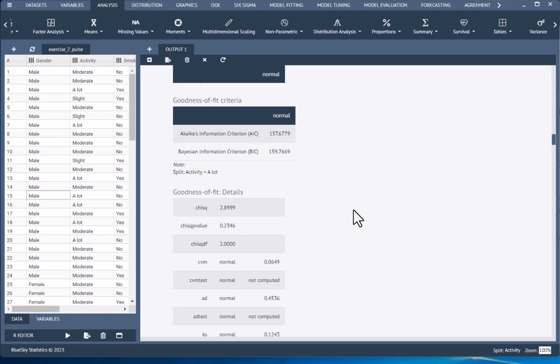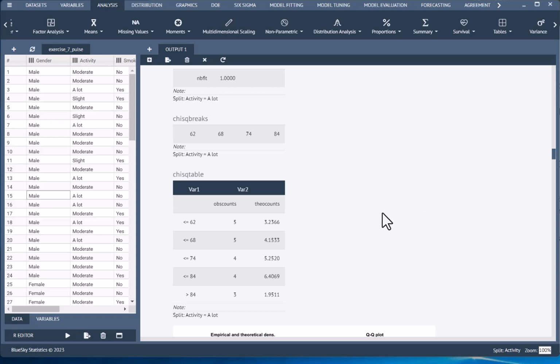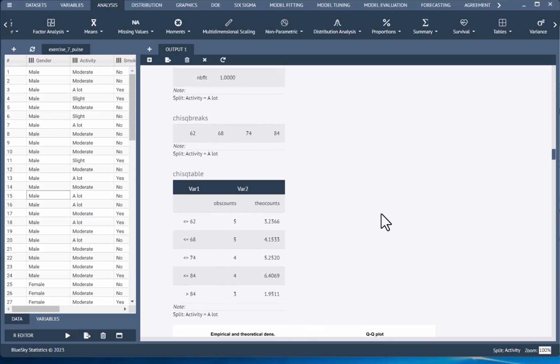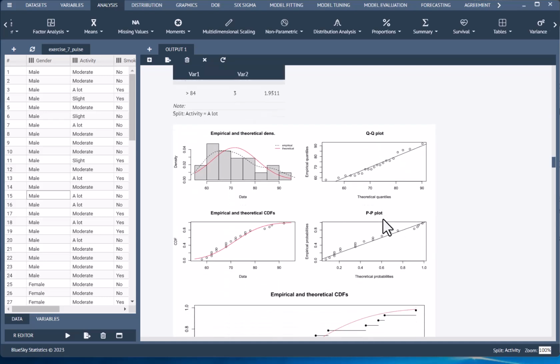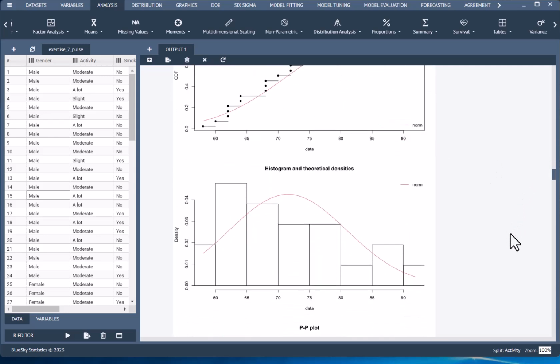So according to the chi-square goodness of fit test, our data could be normal. We can accept the hypothesis of normality, well, fail to reject the hypothesis of normality. And BlueSky also plots a whole variety of graphics to help you confirm that this data could be normally distributed.